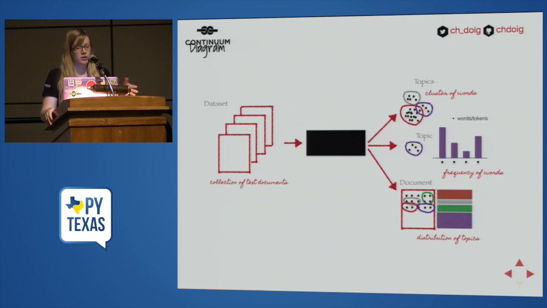As we said, the input is going to be a data set that's a collection of text documents. As an output, we're going to get three things. We're going to get clusters of words, where each cluster defines a topic, and the words in this topic have a certain frequency. It's important to note that one word can belong to several clusters. We know that from the English language: words in different contexts can have different meanings. That is represented in this type of modeling.